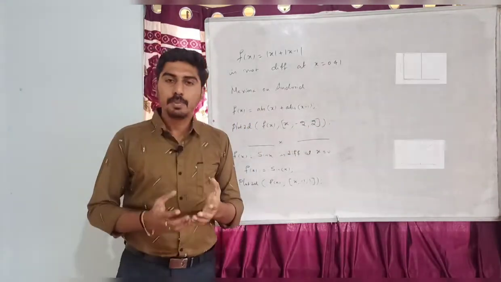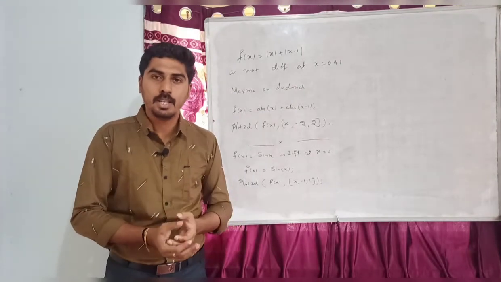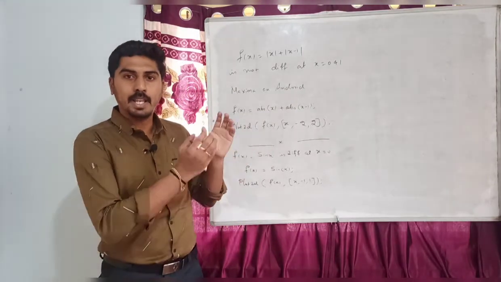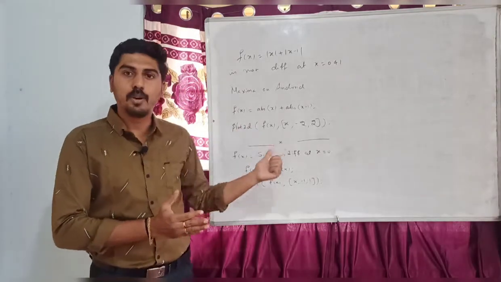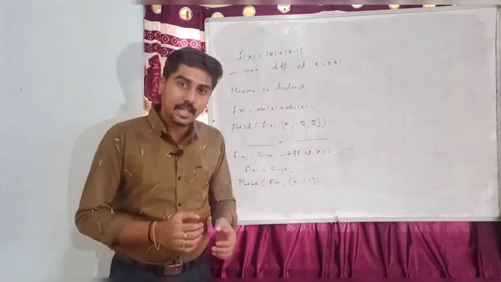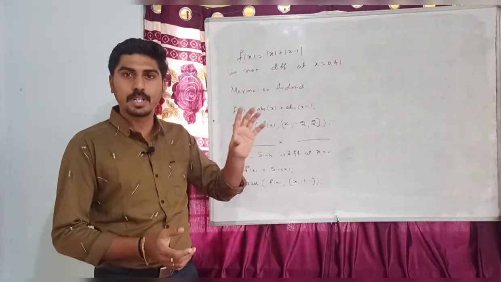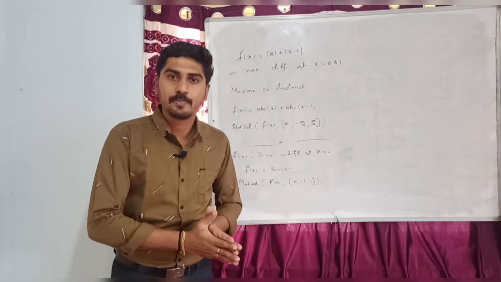What I am trying to explain is, if a function is not differentiable at a point, then we have a sharp edge at that point. If it is differentiable at that point, that function will be smooth at that point. That's why we use the word smooth function to define a function which is differentiable in the domain.